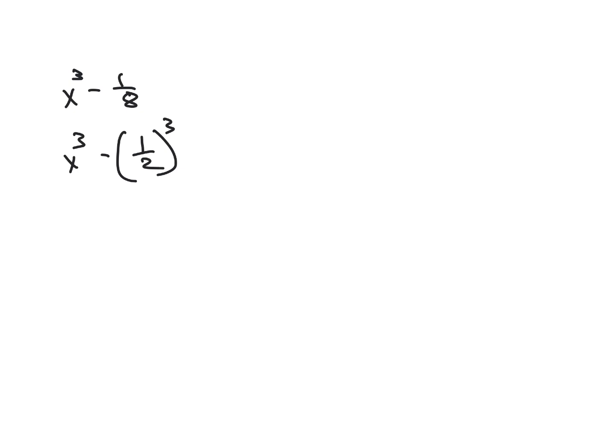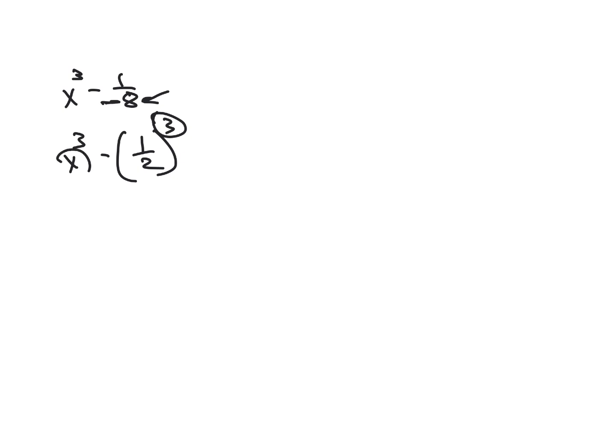What I do is I look at the bottom number and I say, what times what times what is going to give me 8? 2. 2 times 2 is 4, times 2 is 8. So I'm trying to find the number multiplied by itself 3 times that is going to give me this 8, and it's the 2. So there I go. So then I've got x cubed minus 1/2 cubed.